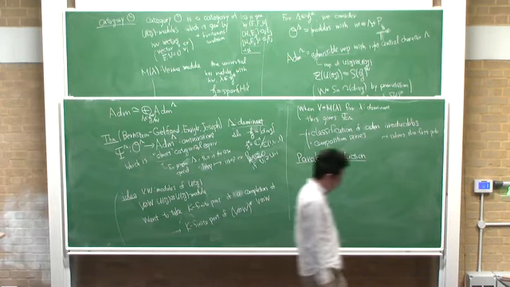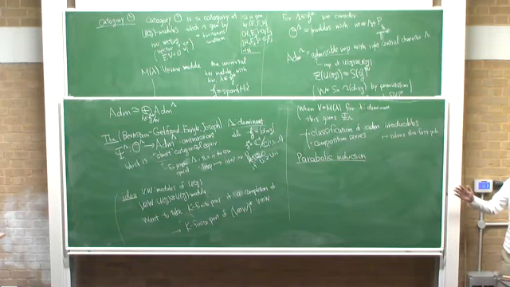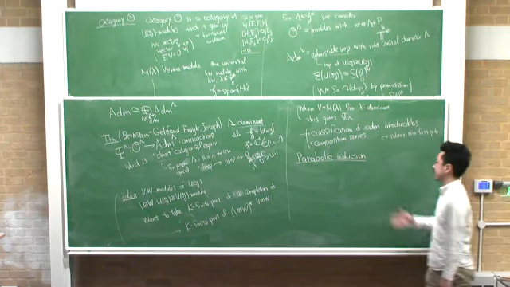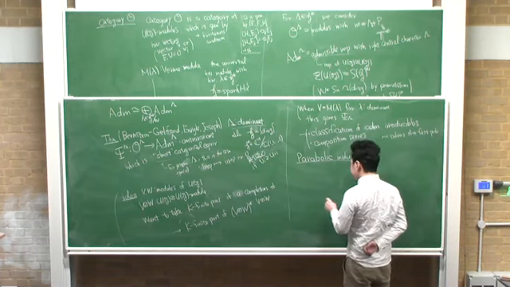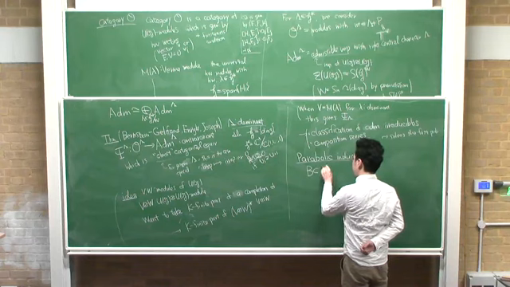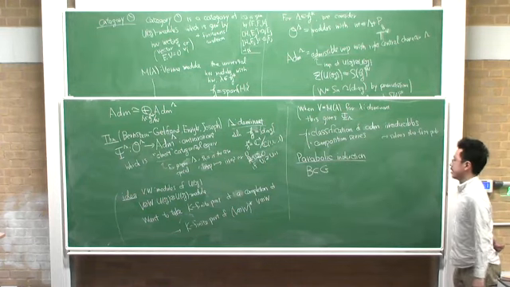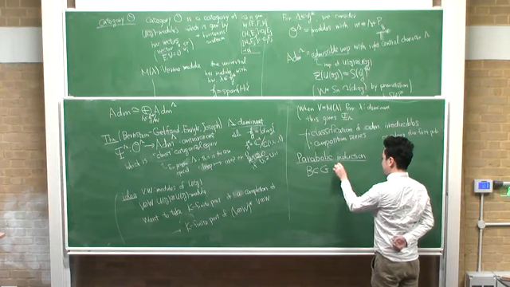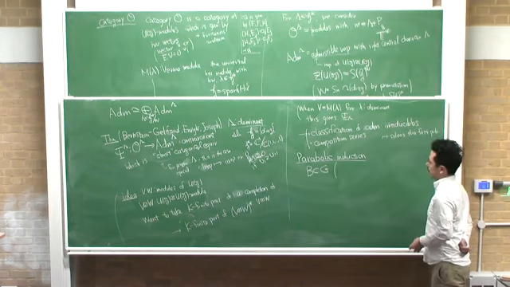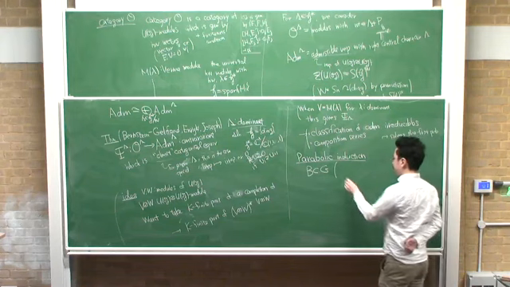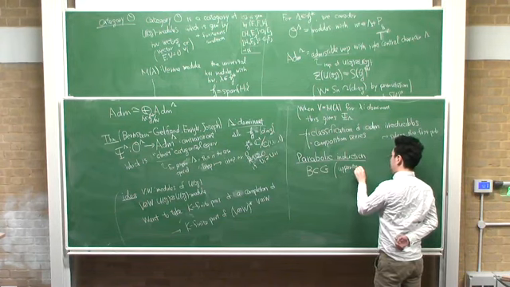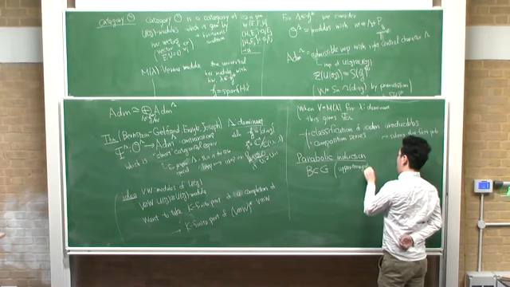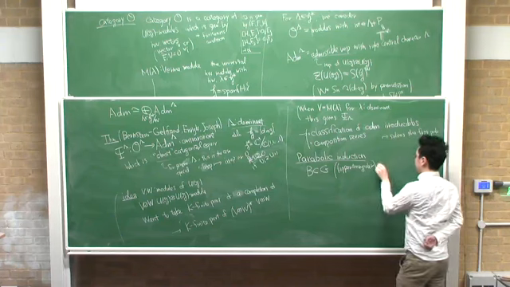I want to talk on this in the easiest case, namely the induction from the Borel subgroup, which in the SLN case is just the upper triangular matrices inside SLN.